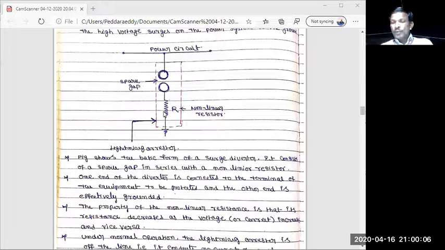The property of a nonlinear resistor is that it offers high resistance to low voltages and low resistance to high voltages. So under abnormal condition, the spark gap breaks down and acts as a conductor, and the nonlinear resistance offers very low resistance. The voltage surge passes from conductor to ground.